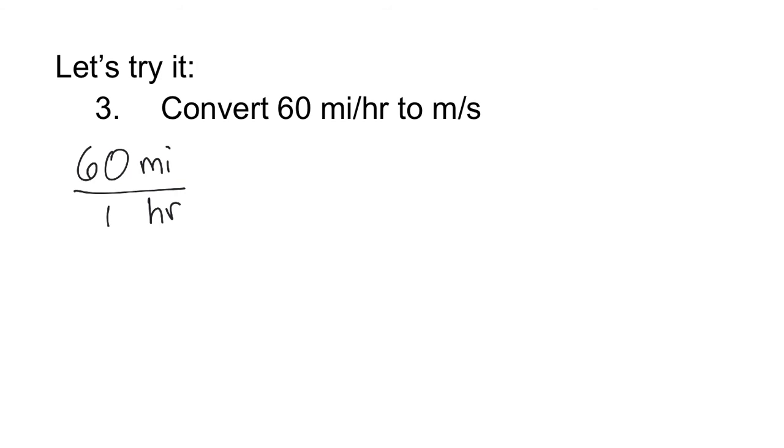Okay. So we're going to go miles to meters. So miles to kilometers and kilometers to meters. And we also want to go hours to seconds. So how are we going to do that?